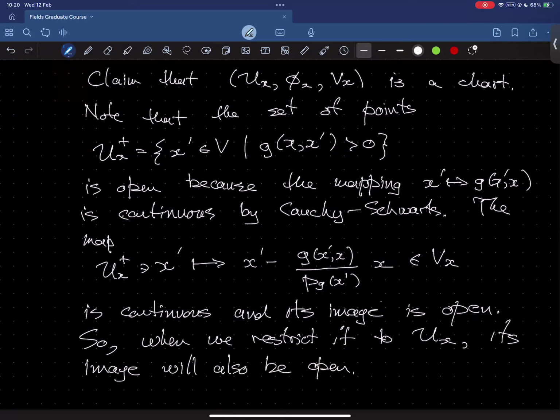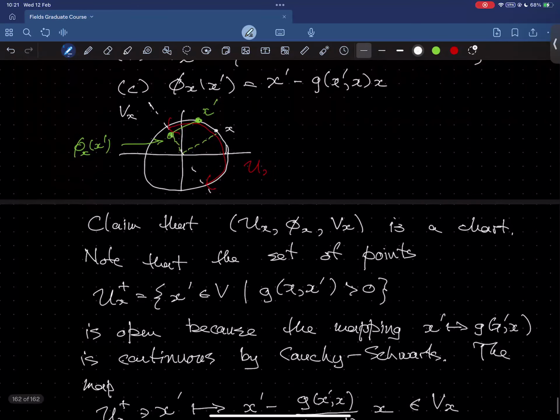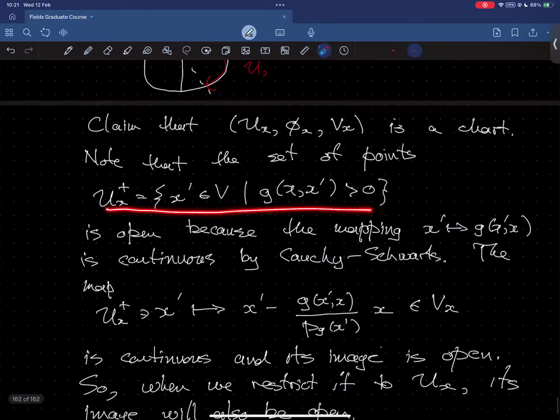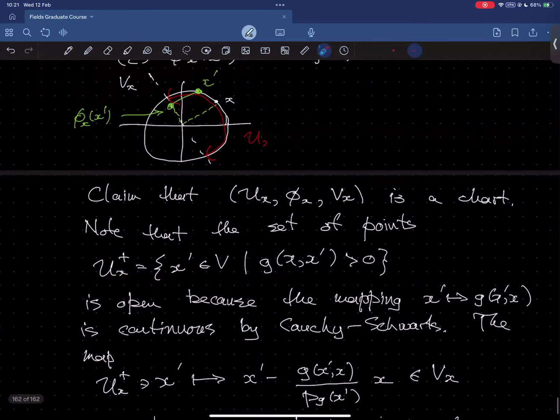Okay, and so again, I'm skipping over some stuff here. This is the intersection of S with this set. Okay, and therefore that intersection will be an open subset of SX.